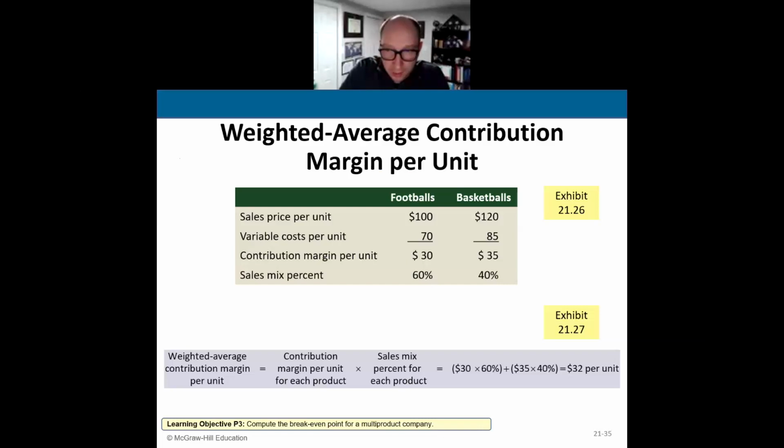So we take the $30 times the 60% plus the $35 times 40% to give us $32 per unit. $32 per unit is the weighted average. We apply the weighted average across all products in the company. So my contribution margin per unit for all products in the company is $32.